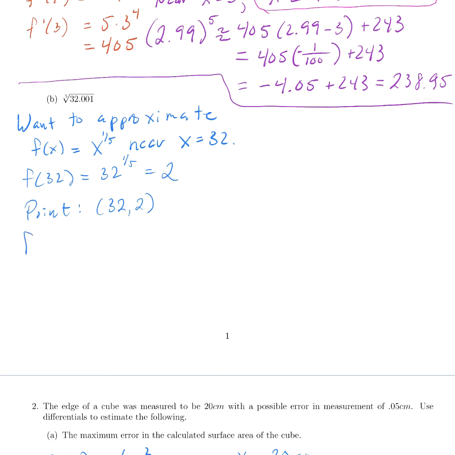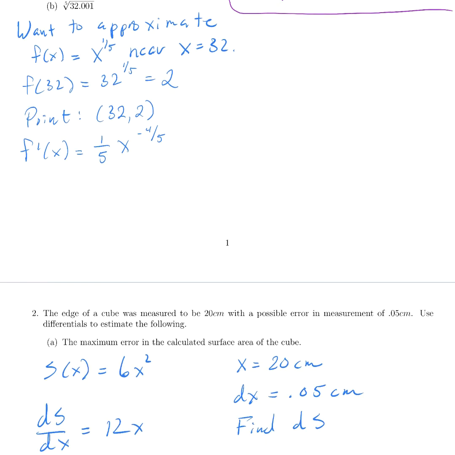And to find the slope, we're going to need the derivative, and that is 1/5 x to the negative 4/5. Okay, we need to find f prime of 32, which is 1/5 times 32 to the negative 4/5. And now we need to remember how to evaluate that.